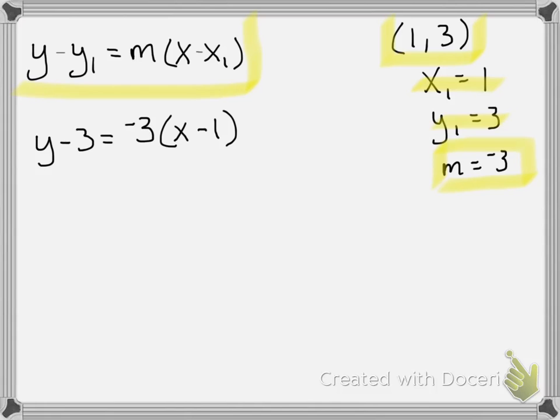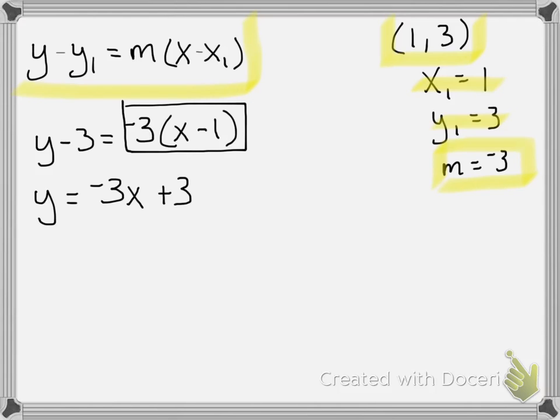Alright, so now we just go ahead and get y by itself. So we're going to have y is equal to negative 3x plus 3 as far as this chunk right here, and then we added 3 to both sides to get y by itself.